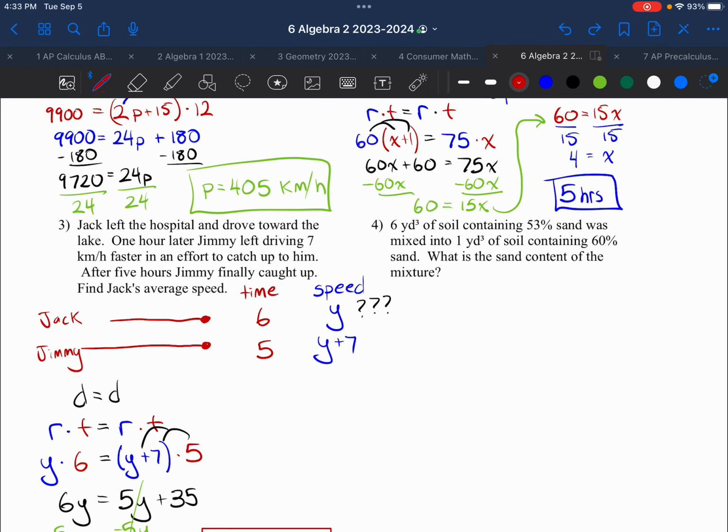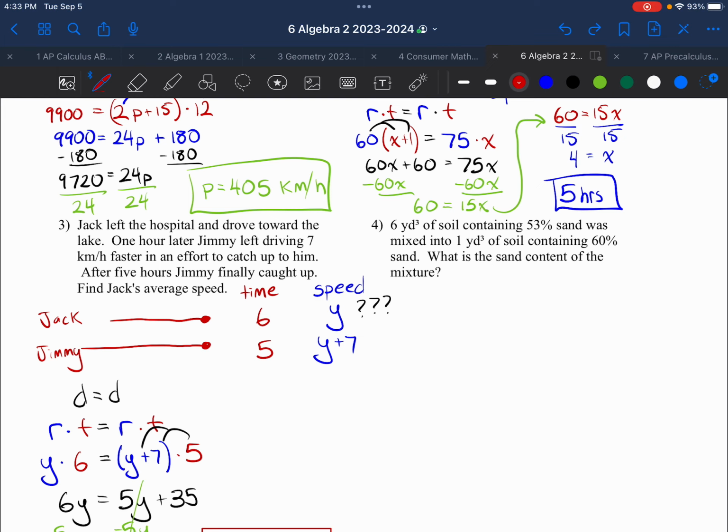Different type of problem. We got some percentages here. So this general formula, I'm just remembering, if I have a percent and then a quantity, I essentially have to do this. I don't remember what I said in the notes, but I'm just going from memory here.